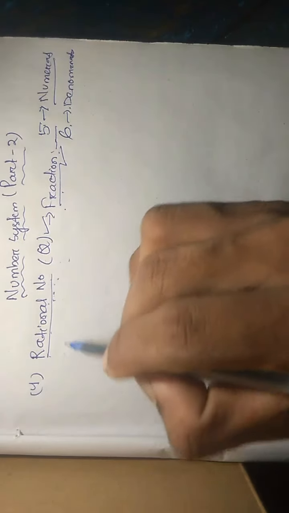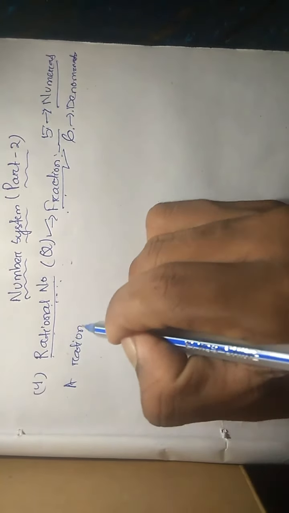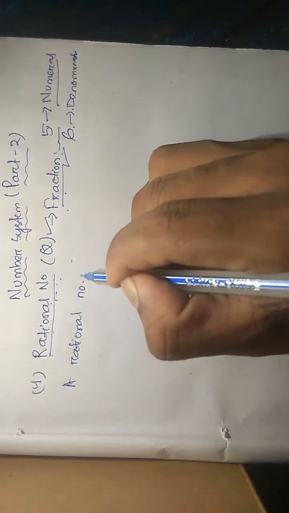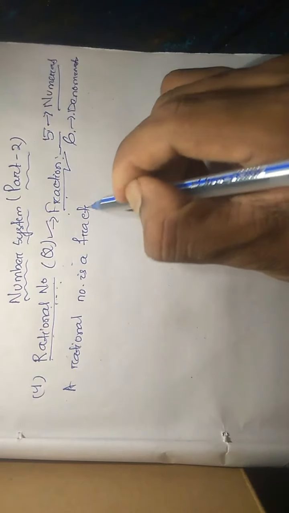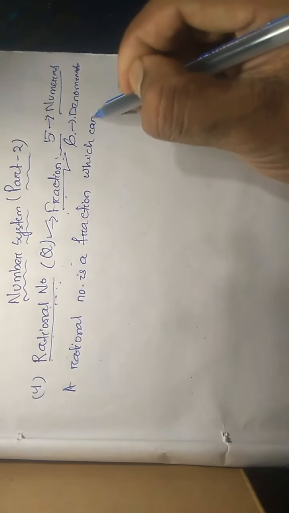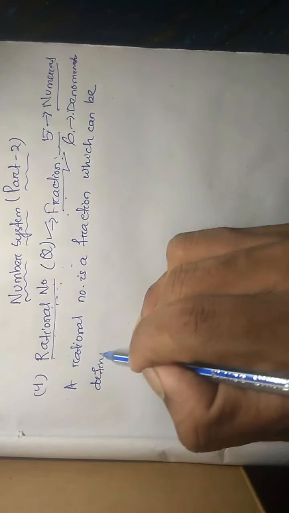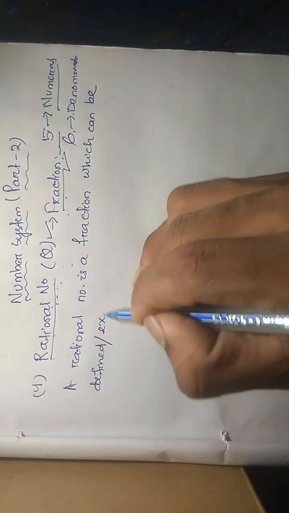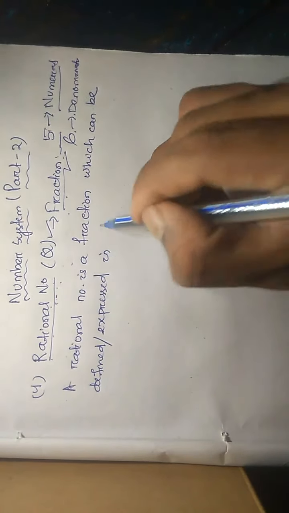So let us define it. You can write a rational number is a fraction which can be defined, or you can say expressed, in which form?